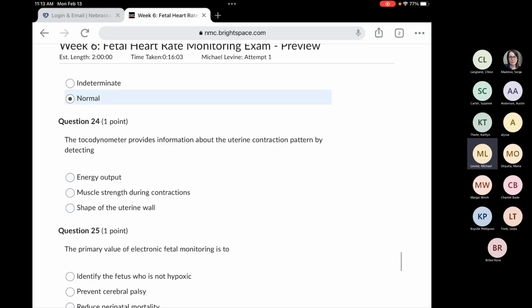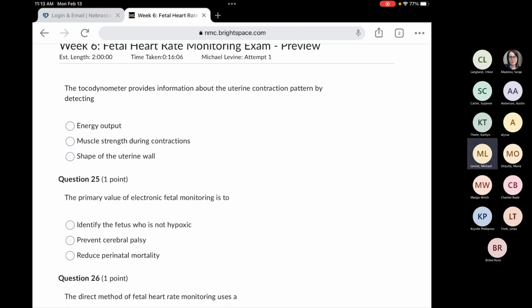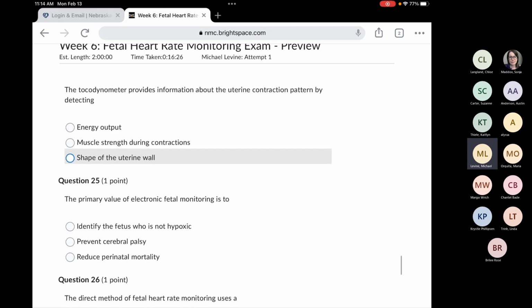Number 24, the tocodynamometer provides information about the uterine contraction pattern by detecting. Now, this is a tough question. It has to do with a physical law of Poiseuille. So if you're interested in physics of how this all came about, it's the measurement of an ellipse.